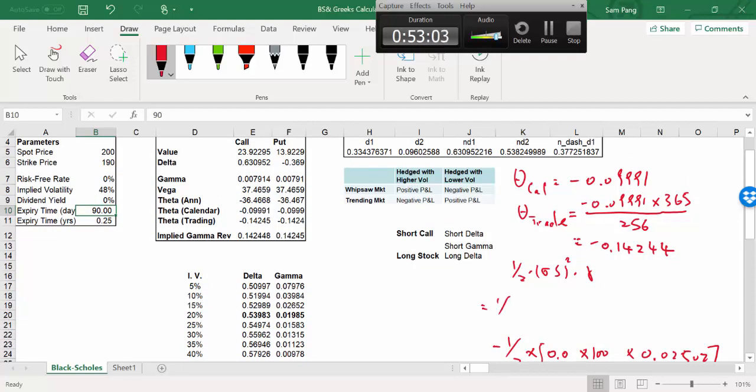So this is equal to a half times sigma, which is now 48%, so 0.48 divided by the square root of 256, times 200, all squared, multiplied by S, the spot price, which is 200 because you guys said 200, multiplied by gamma, which you can read off, is 0.007914. Now I'm going to multiply all this stuff.